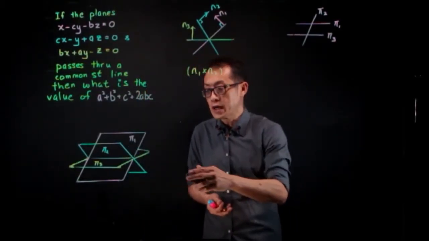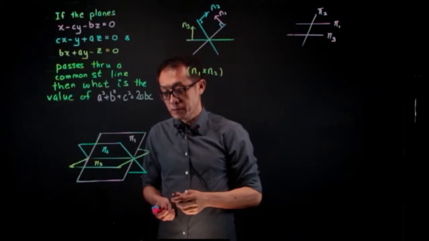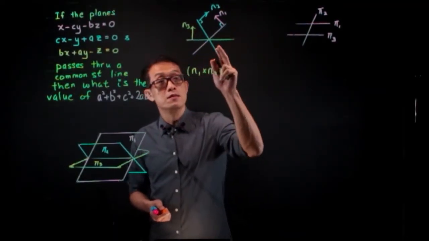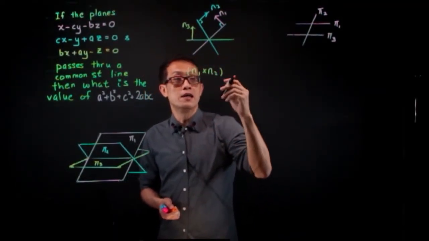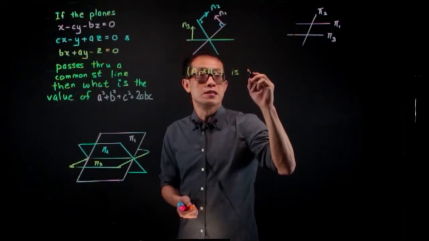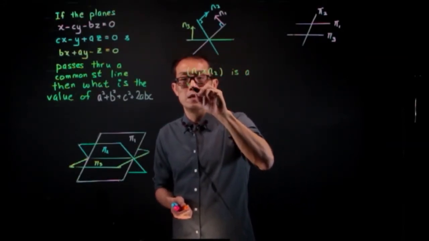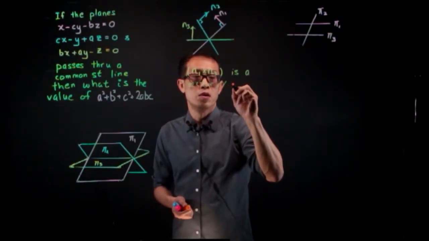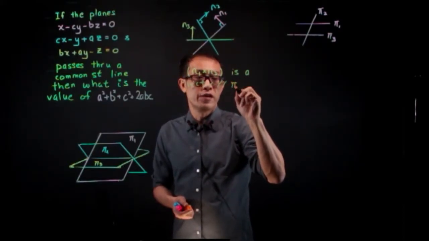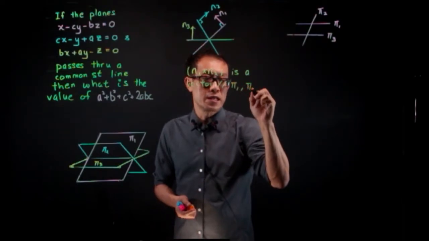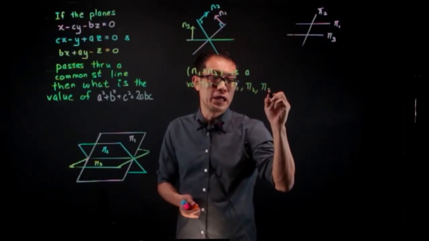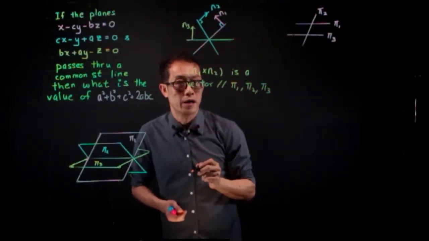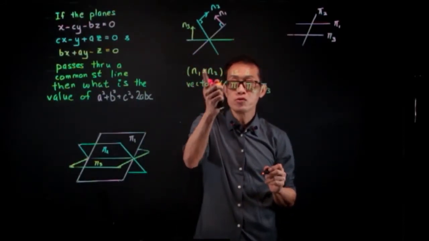Since this is a vector parallel to the first plane, the second plane, and the third plane, you use this result.